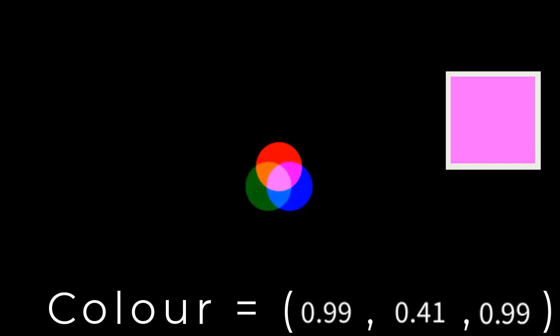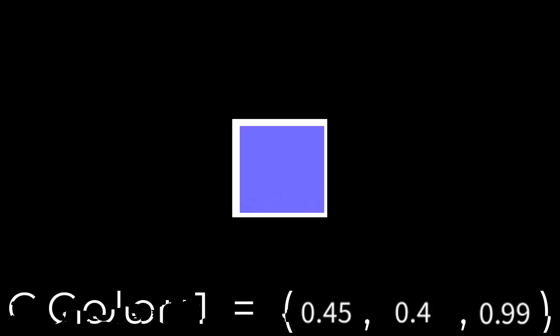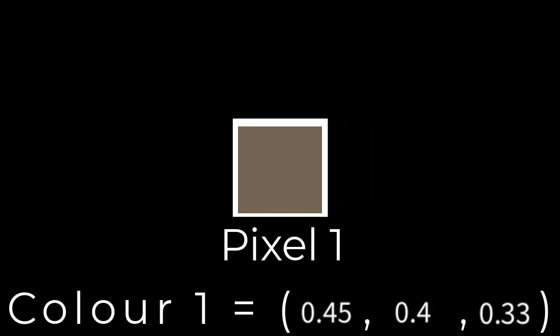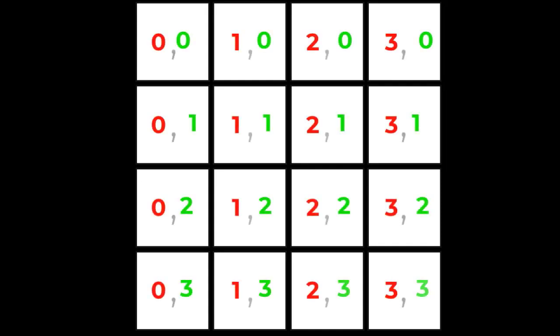Now let's say that these 3 lights combine to form a pixel. Let's take many pixels in a 2-dimensional grid. Each pixel has a position and represents a color.